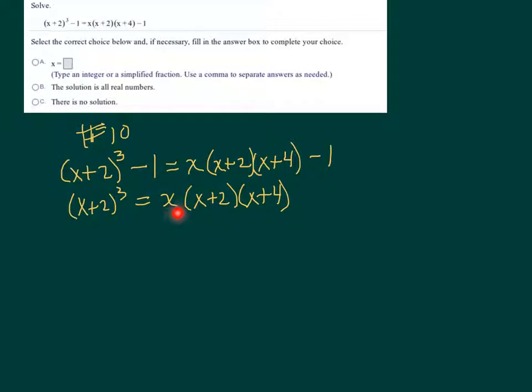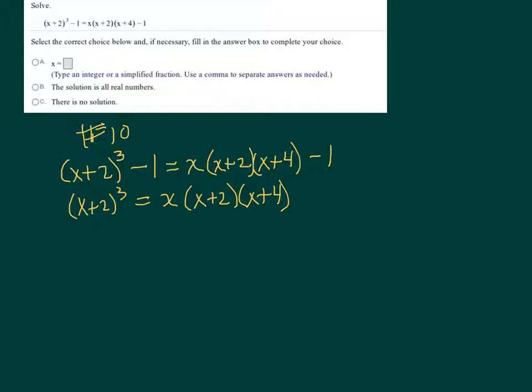You have this x, which is some number, and once we add 2 to it, this is going to be a different number, and then this is a different number. So we've got these three numbers being multiplied. When we multiply numbers together, we end up with one number. So you can look at this whole grouping as one number. So I am going to move this entire number by subtracting it from both sides to the other side.